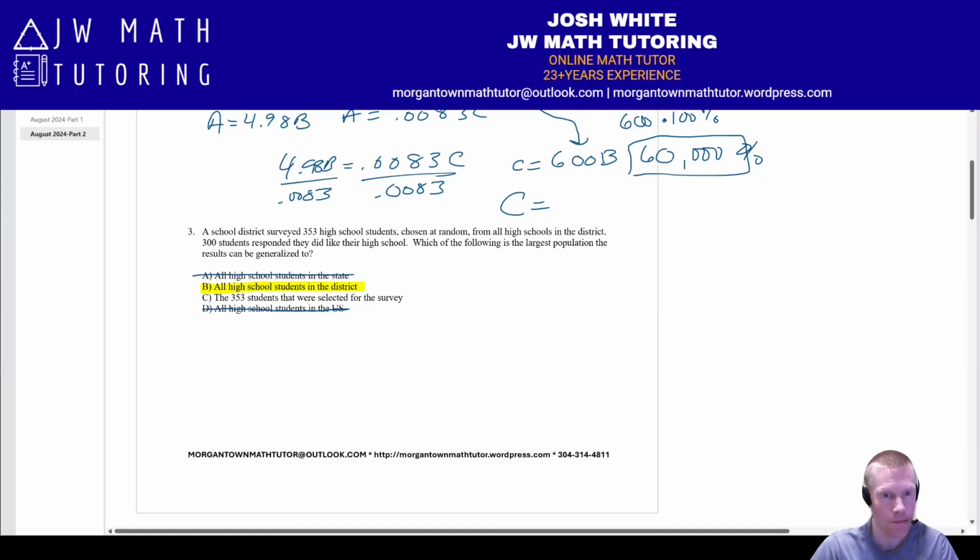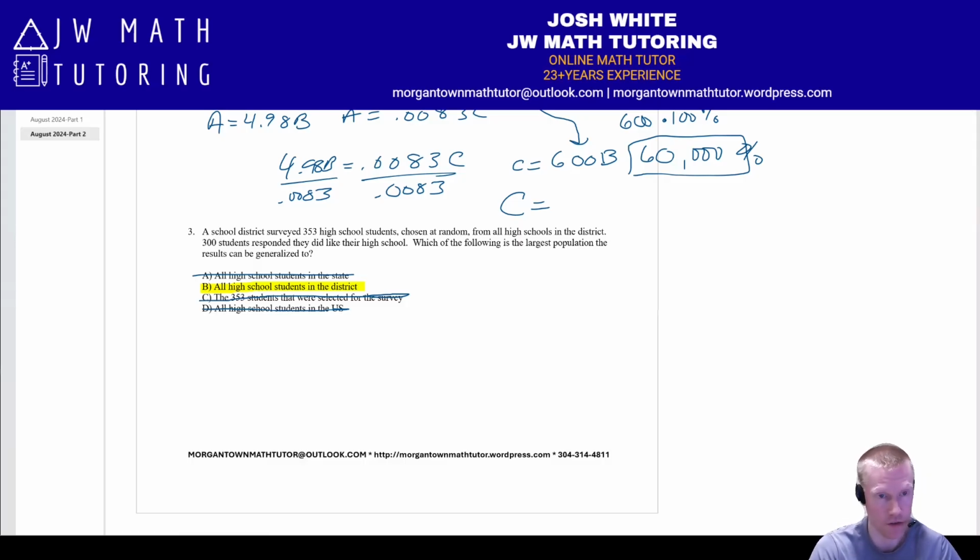And for C, assuming the survey was designed and administered properly, and it appears it was, random sampling, we can generalize these results to more than just the 353 people that took the survey. We can apply it to a larger population of which those 353 are presumably a representative sample. So that's why C is incorrect. The correct answer for this one would be B, all high school students in the district.